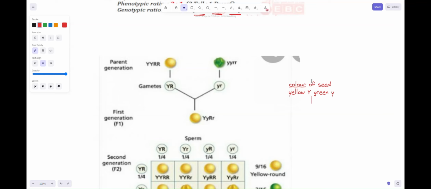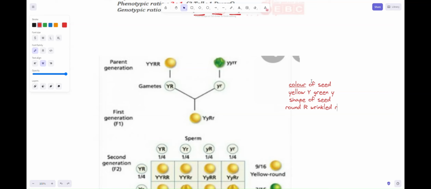The second one is shape of seed. For this, two different traits are there: one is round, denoted by capital R, and another one is wrinkled, denoted by small r.